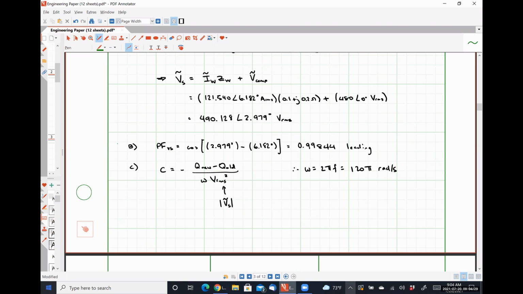Because if the power factor is 1, that means that all of the apparent power is average power and none of the apparent power is any reactive power. So we know that this guy must be 0. So the last thing that we need is then that quantity Q old. How do you think we might be able to go about solving for that?